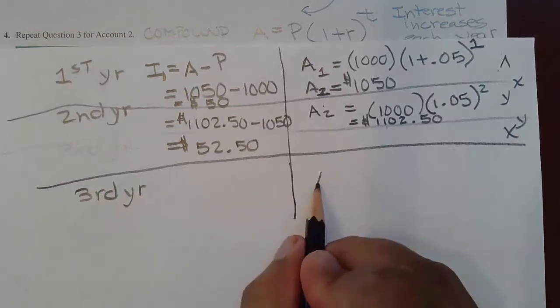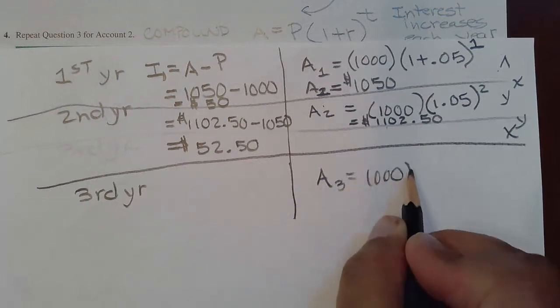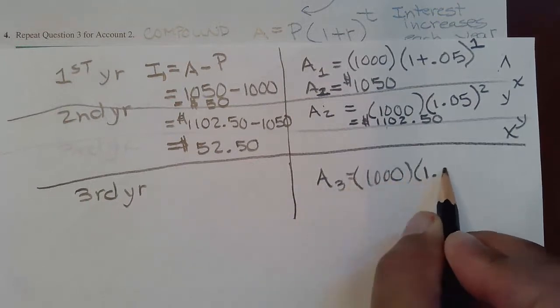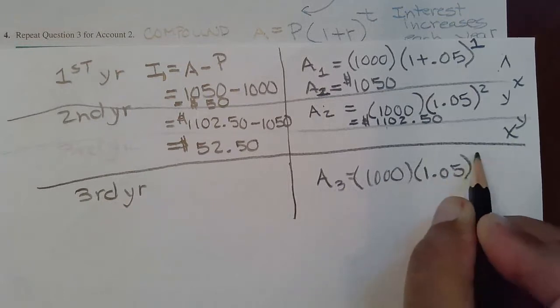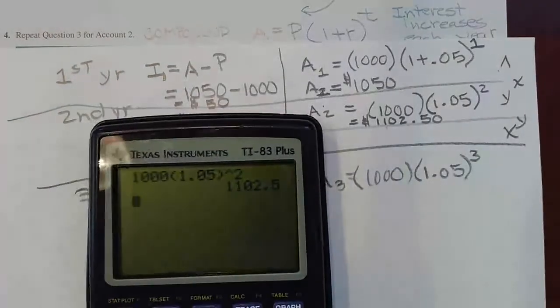Then for third year, we're going to start over here again. It would just be 1,000 times 1.05. This time you're raising it up to the third power. Okay, so 1,000 times, and you can use a times, or if you want to, you can use the parentheses.